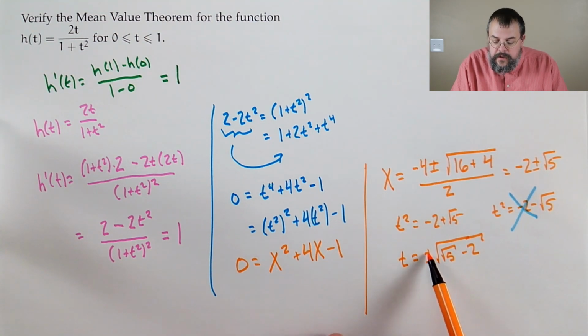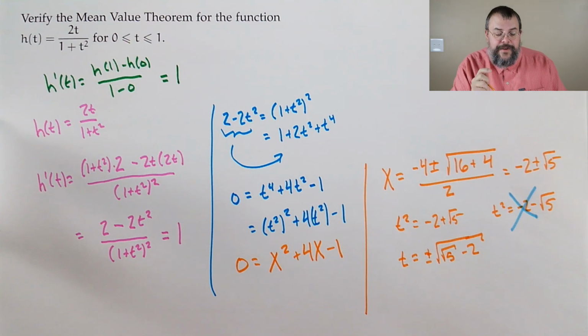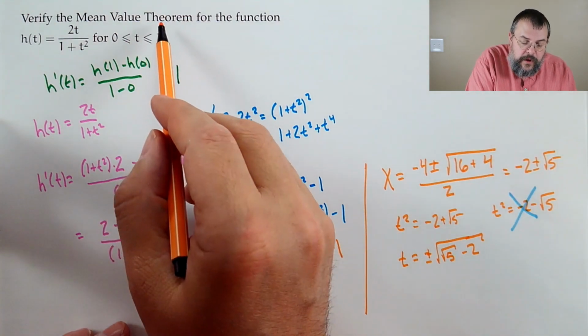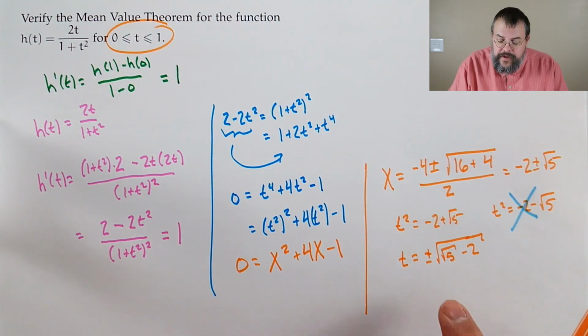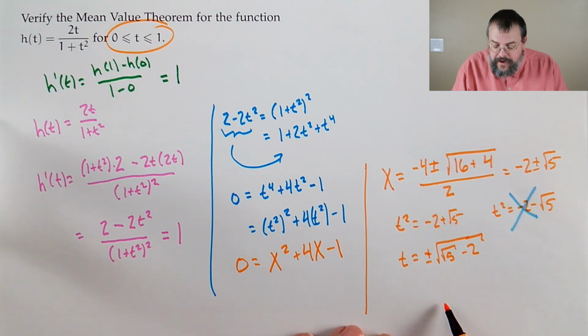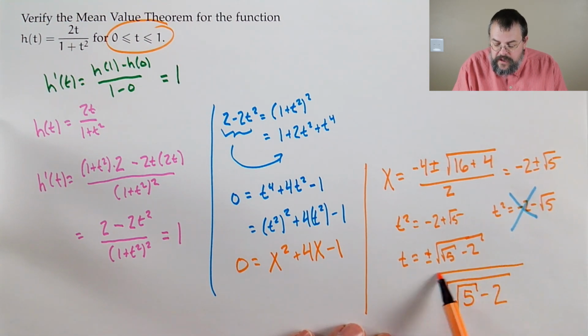Now, does that mean we have two answers? No, careful, because what do we want? We need to be between 0 and 1. The negative one doesn't work because it's not between 0 and 1. So there's actually just one value, and it's the square root of 5 minus 2.